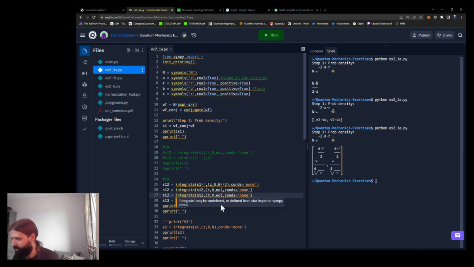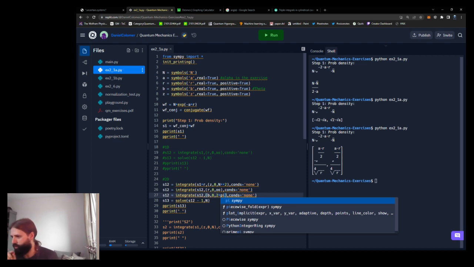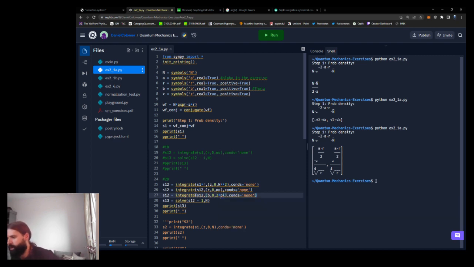And so theta is going to be this B thing here, and this is 2 pi, because we want to give the full circle. And once this is done, then we're going to solve by 1 and print it.